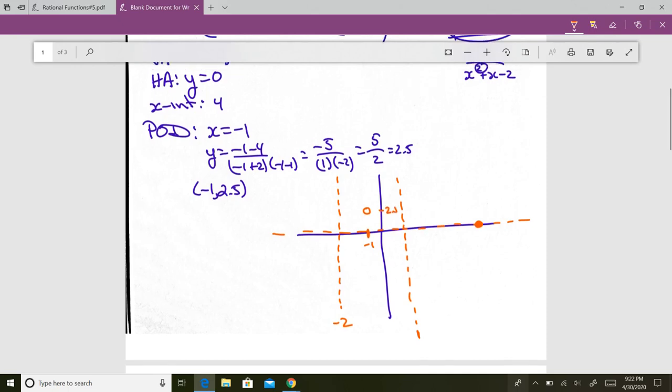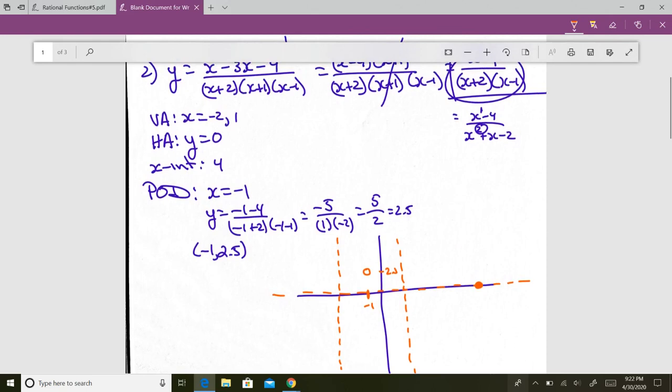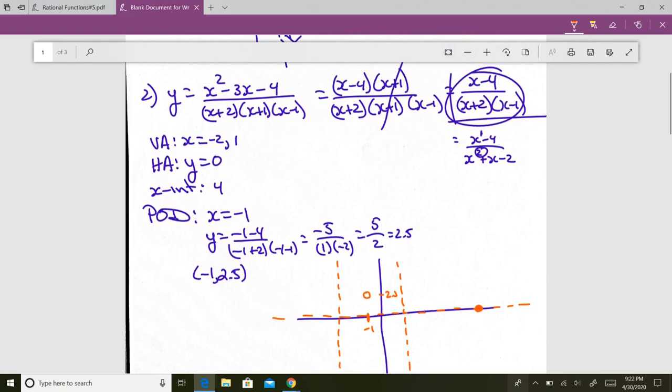And we have a y-intercept. Do we have a y-intercept? I did not calculate the y-intercept. Oh, well, let's go calculate the y-intercept. Y-intercept is when x is equal to 0. So if I put x is equal to 0 into this one, or this one, or this one, it does not matter.